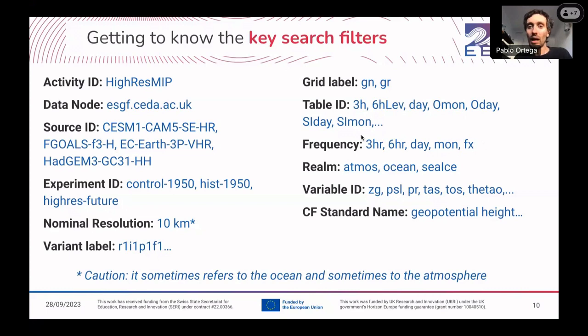If you add to this the information, in this one is the same, but you can also specify the realm that you're considering, which is here. So O would be ocean monthly, ocean daily, SI is sea ice daily, sea ice monthly, and if nothing is indicated, it is the atmosphere.